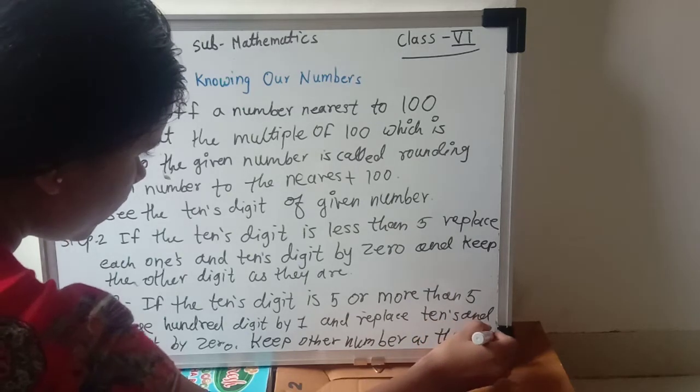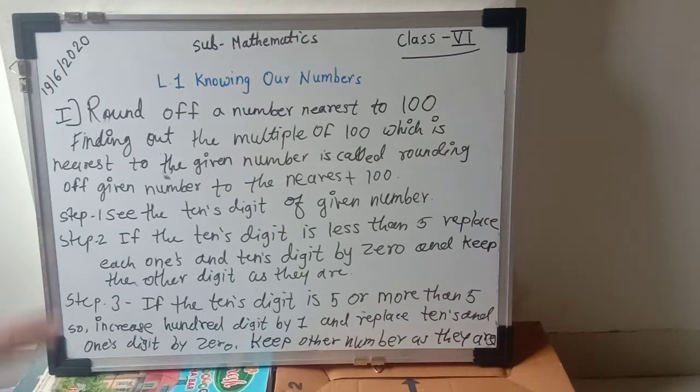I hope that after this session you will repeat it and write down all the important points in your notebook. These are the steps we follow when we round a number to the nearest 100. Now let's see more examples to understand what these steps are saying.